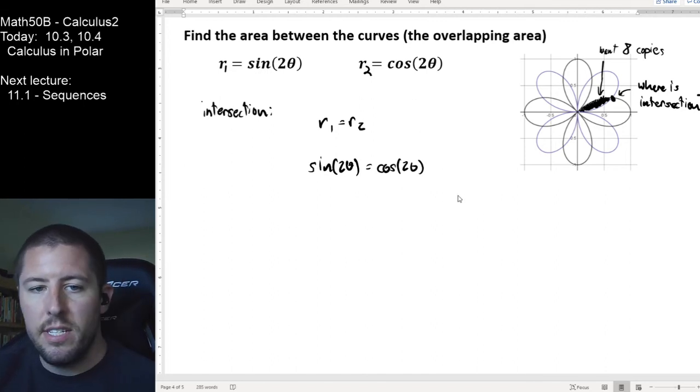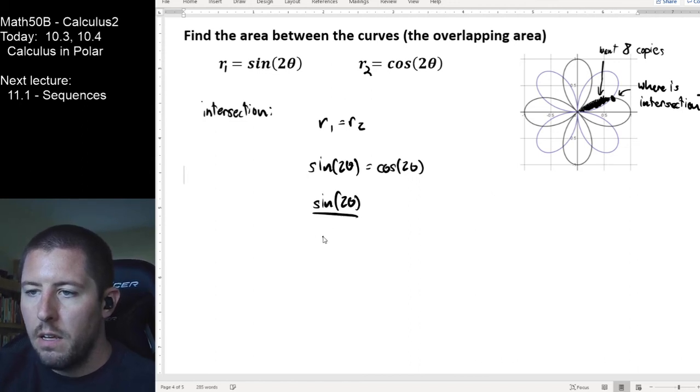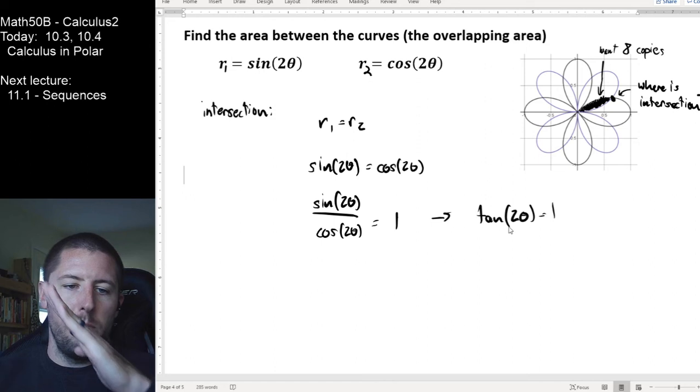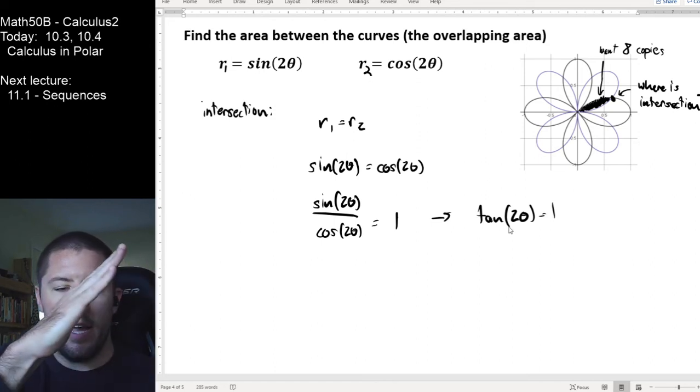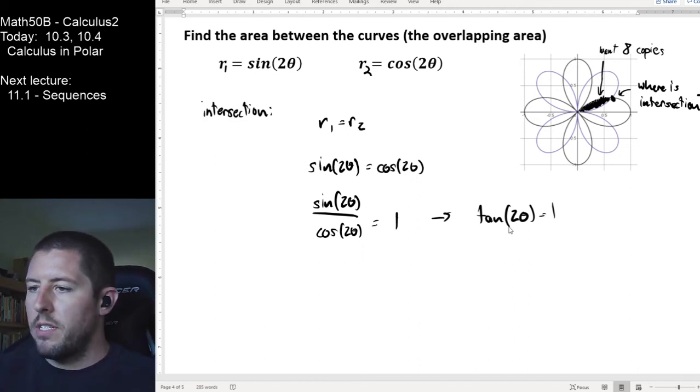I see sines and cosines of the same parameter here that are equal to each other. I'm thinking I can do a little division here to solve for this. And that's going to lead me to be able to say tangent of 2 theta equals 1. I know that a tangent is equal to 1 whenever we are at 45 degrees or pi fourths, and then also at 5 pi fourths on the other side over here.